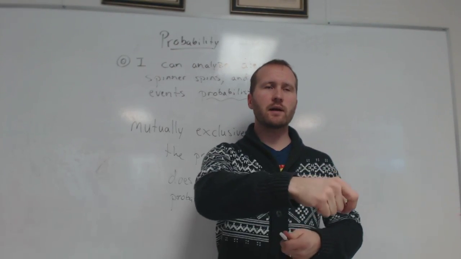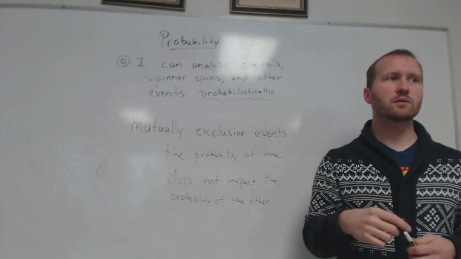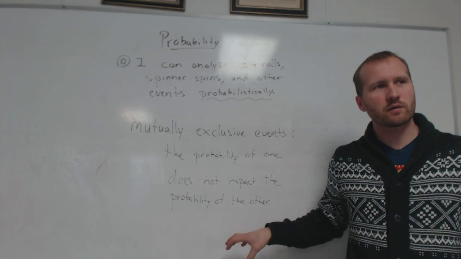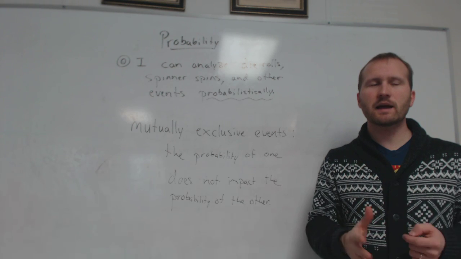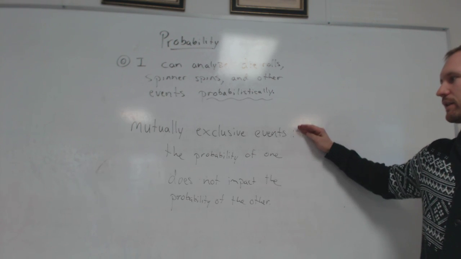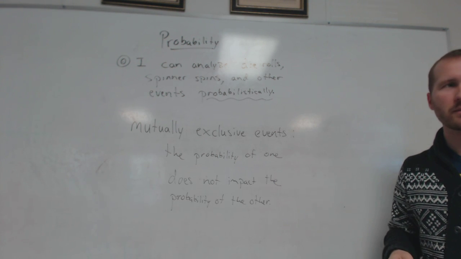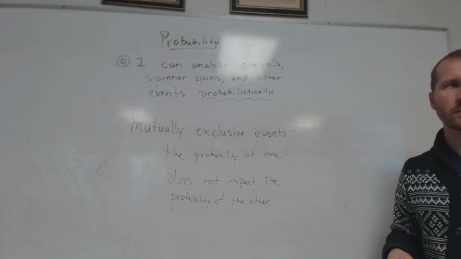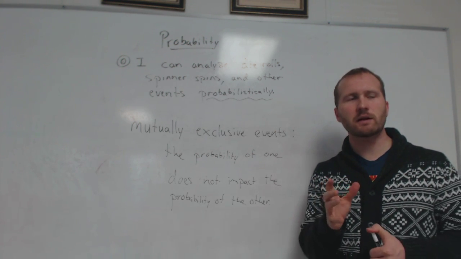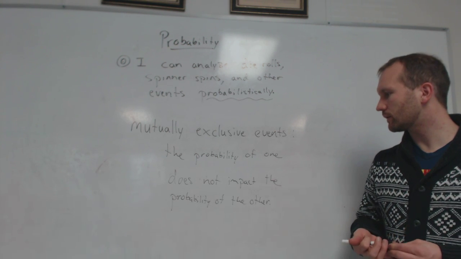And so if I pull out a B, that's in Ben's name, but it's also blue. And that's again why that rule about subtracting the probabilities of both comes into play. We're not going to go into that in a lot of detail. Mostly we're going to look at events that are mutually exclusive. So the probability of one doesn't impact the probability of the other. Okay? And usually you can see by reading a question or by looking at it if the probabilities are mutually exclusive or not.